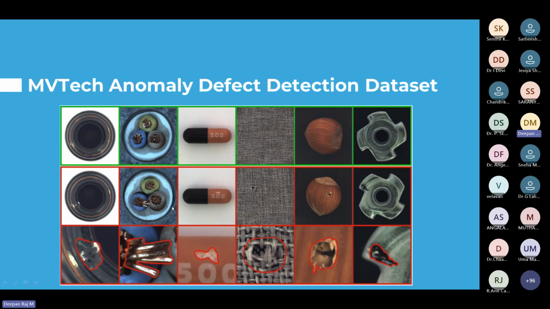So we need to cover more and more of these scenarios. The more we cover, the better it can become. That's how it has to be created. So I hope you got the idea of what anomaly defect detection is. Do we have any doubts or clarifications before we go into solutions?